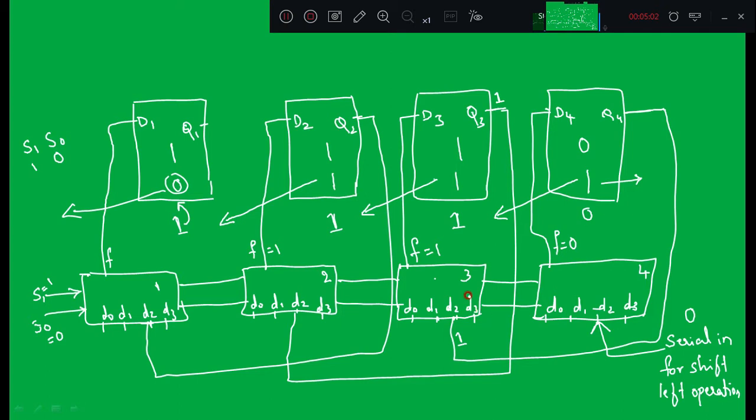We don't have any ready-made IC for universal shift register. But even so, let me draw the pin diagram for the universal shift register, USR. USR stands for universal shift register.